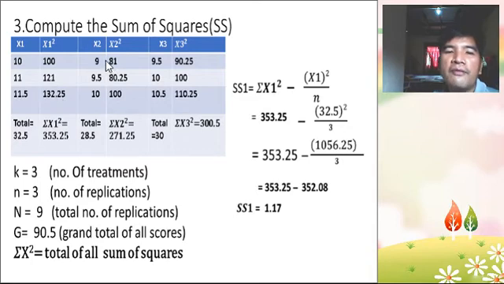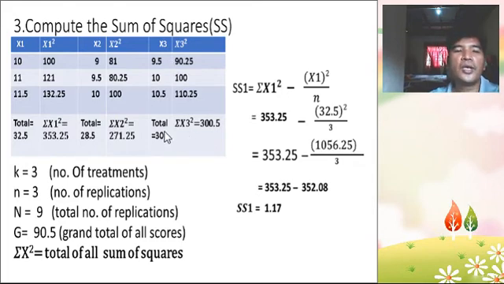You will do the same for treatment 2. 9 times 9 equals 81. 9.5 times 9.5 is 90.25. 10 times 10 is 100. You will do the same for treatment 3. Then after that, you get the total. The total of 10 plus 11 plus 11.5 is 32.5. For the sum of squares, 100 plus 121 plus 132.25 equals 353.25. You will do the same for treatment 2 and treatment 3.